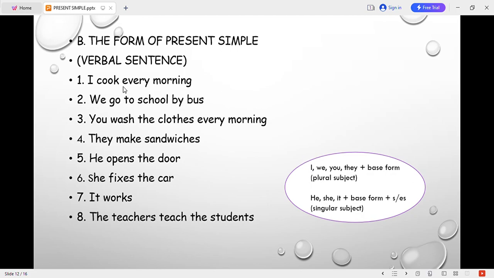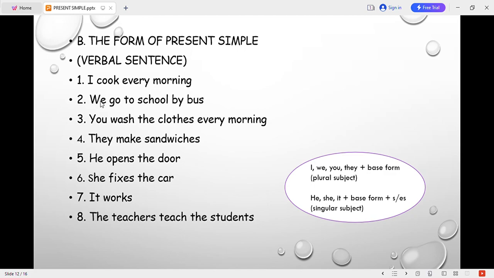Next, number 2, we go to school by bus. We is a plural subject, so the verb used is verb 1 or base form.